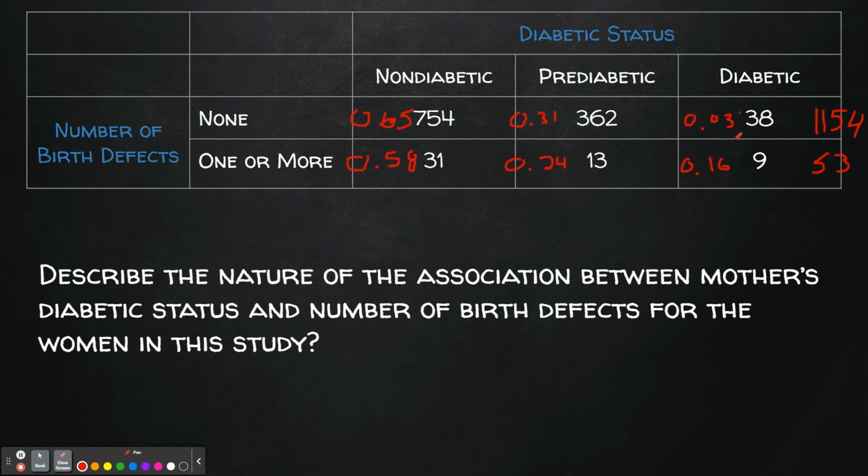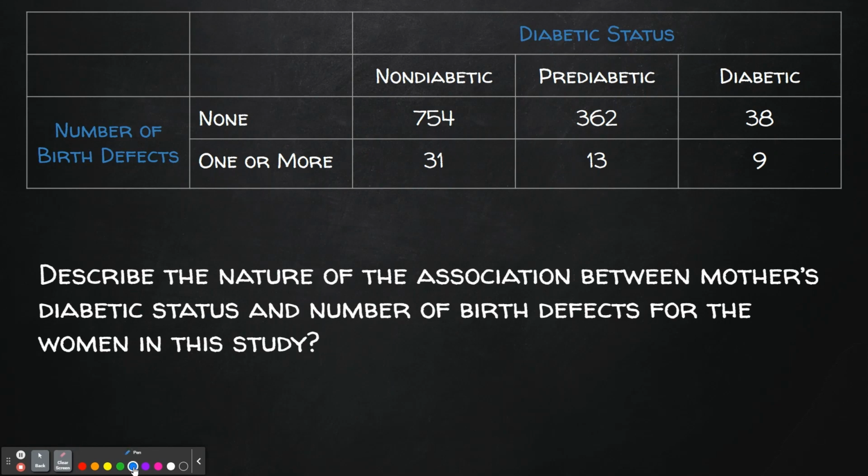This shows that there is a significant difference in the proportion of diabetic mothers who had none or one or more birth defects. So at this point, we could stop and say that there is an association between diabetic status and number of birth defects because of the difference in these two proportions.